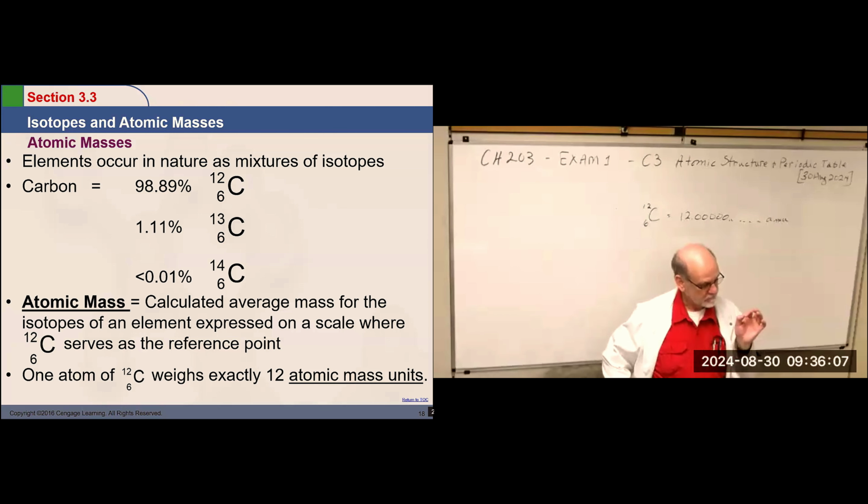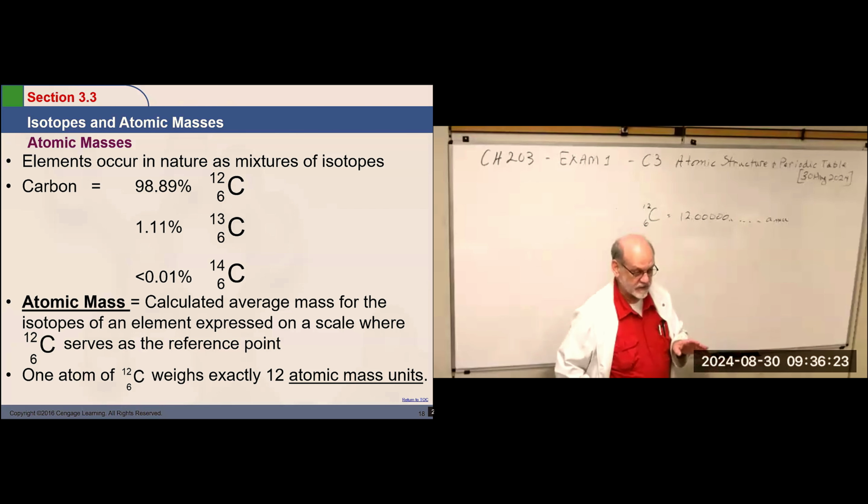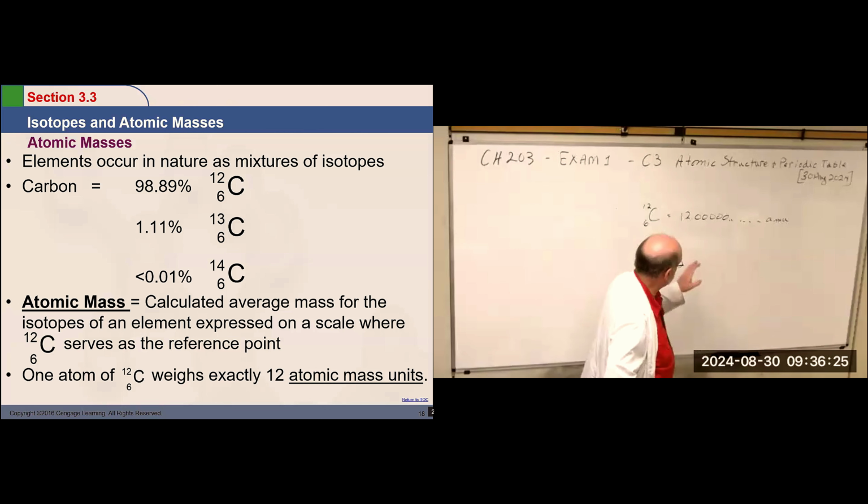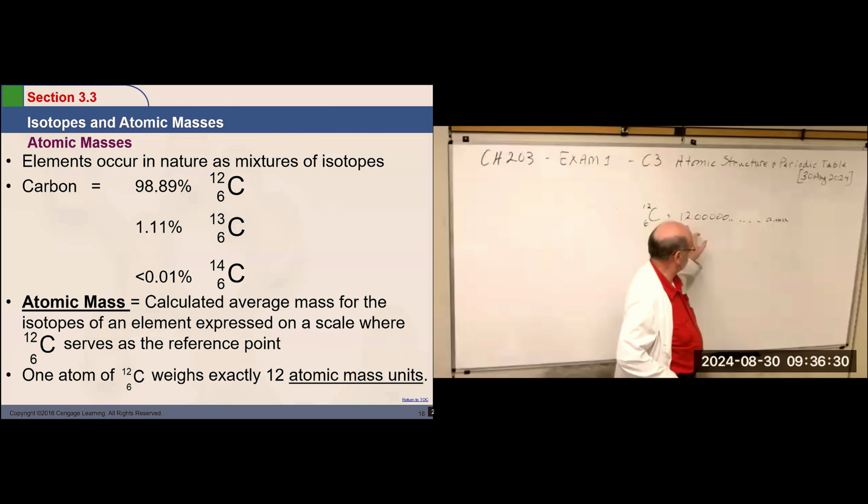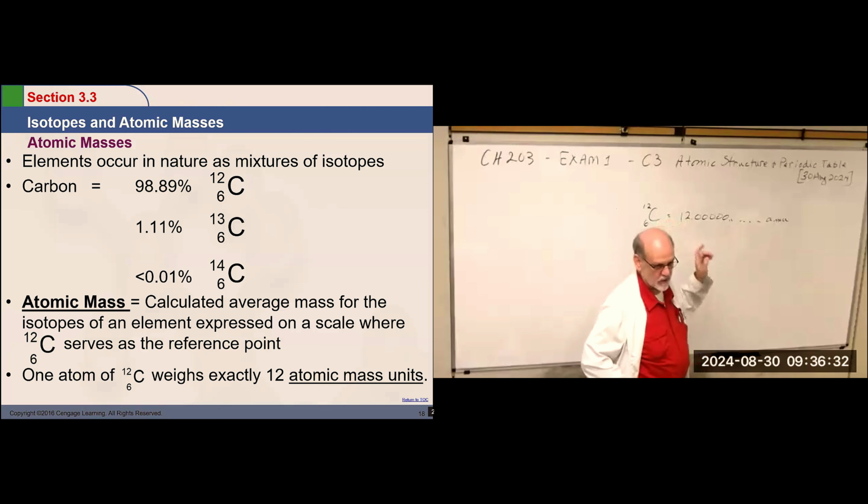Now, the mass number 13 does tell us that, in addition to 6 protons, it has 7 neutrons. That's true. Mass numbers are always whole numbers. But atomic masses for the isotopes are not. The only one that is 12 with infinite zeros is carbon.